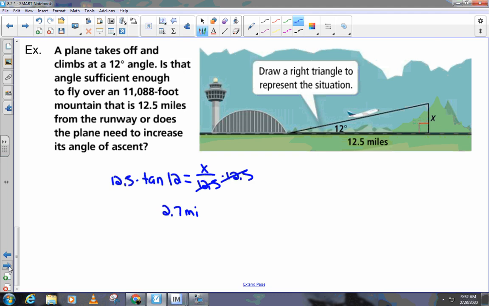Now, they're telling me how tall it is in feet. So I need to change the height in miles to the height in feet. How many feet are in a mile? 5,280. 1 mile equals 5,280 feet, okay? So I'm going to take 2.7 times 5,280.